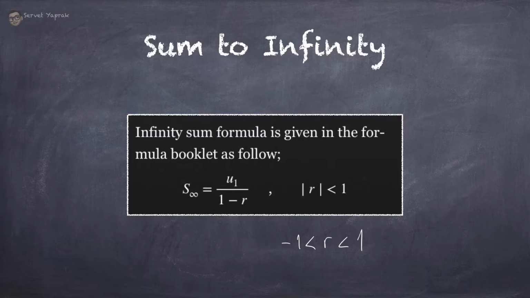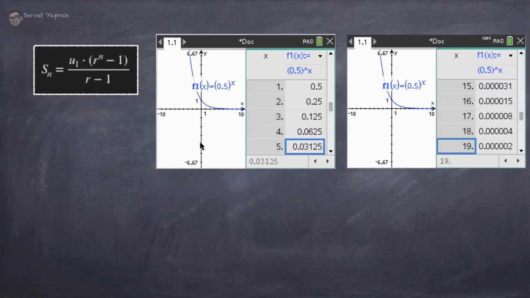So let's prove that. How do we get this formula? I will select r as 0.5 and I will use the calculator. This is our sum of n terms of a geometric series, and I am using a common ratio 0.5. So 0.5 to the power of x. I am using this part.